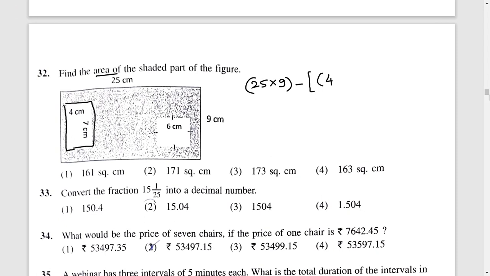Length is 7 centimeter, breadth is 4 centimeter. It will be 4 into 7 plus this is a square. Square area is 6 into 6. Now solve it. 25 into 9 is 225 minus 28 plus 36.